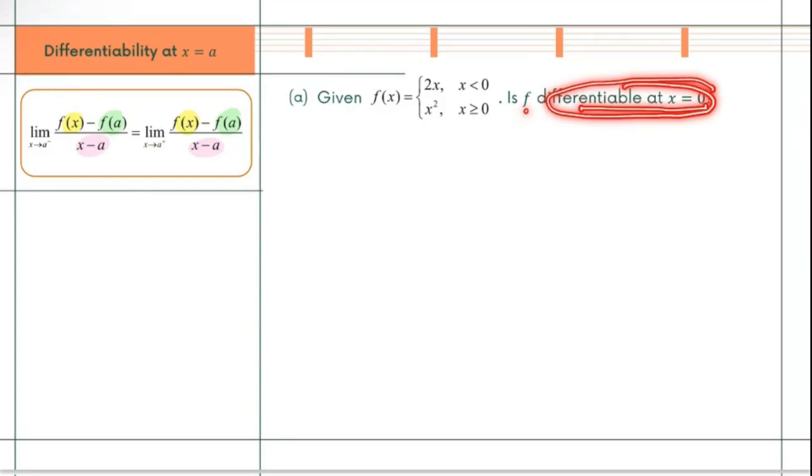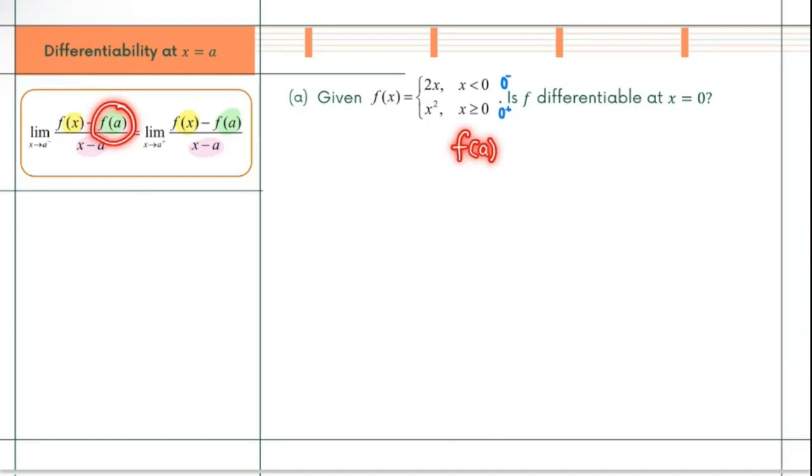Okay, so kat sini fx kita kena tengoklah daripada arah kiri. Arah kiri kosong, maksudnya kiri kosong kan? Here adalah 0 yang negatif. Okay, and here will be 0 yang positif. Okay, kemudian sebab kita ada value f of a, f of a ini maksudnya kita akan gantikan x kita sama dengan 0 lah.